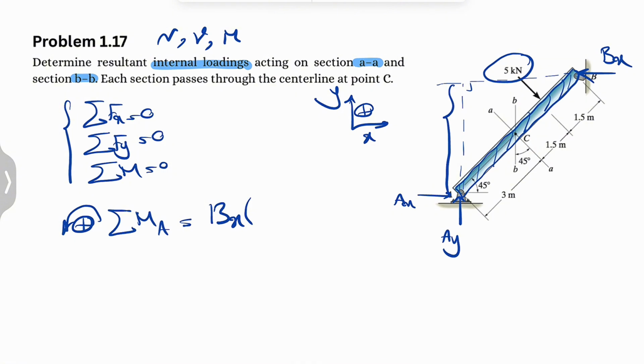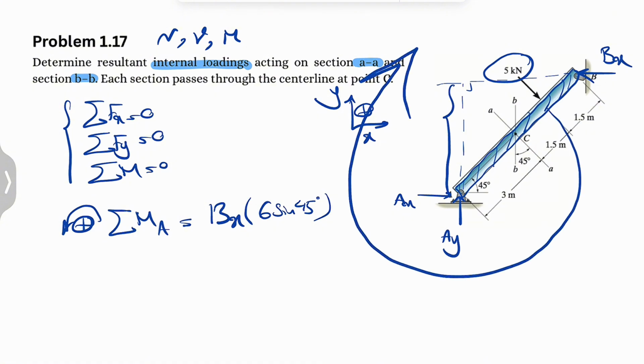We have this right triangle where the hypotenuse is 3 plus 3, so 6, and we also have the angle of 45 degrees here. So the distance we are looking for is 6 times sine of 45 degrees, or cosine of 45 degrees; it's the same value.